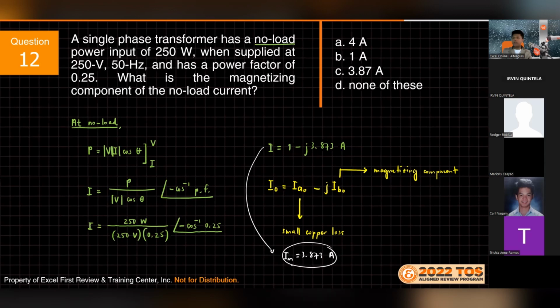Ibig sabihin, the correct answer there is the letter C, 3.87 amperes. So, all you have to do there is simply get the current, and then kunin ninyo yung J part. But also, basahin nyo yung kung small copper loss ba yung hinahanap.